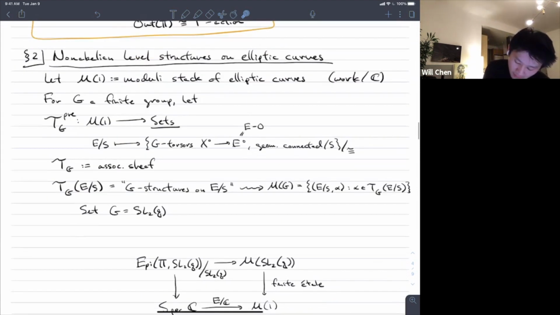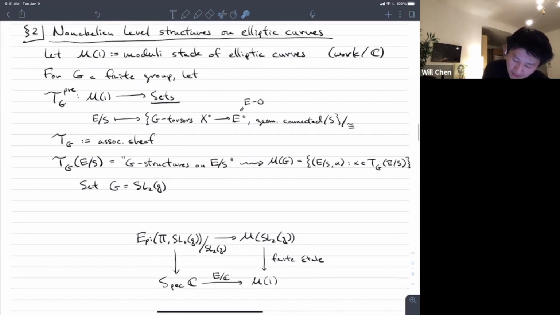Okay, and from this, you can also take the associated sheaf, let's call that TG. By definition, a G structure on E over S is just a section of this sheaf TG applied to E over S. So it's essentially étale locally given by a G torsor, which is geometrically connected, and so on. Once you have this sheaf, you can always construct a stack out of it relative to M1.